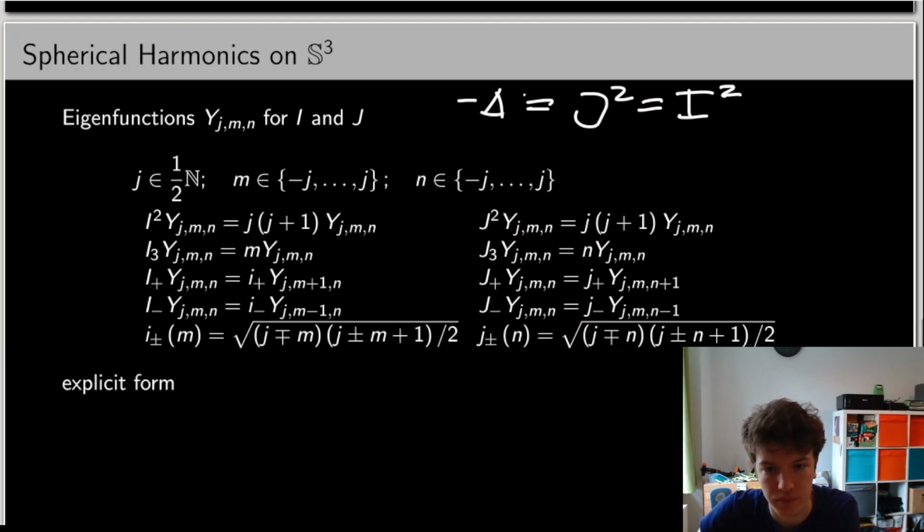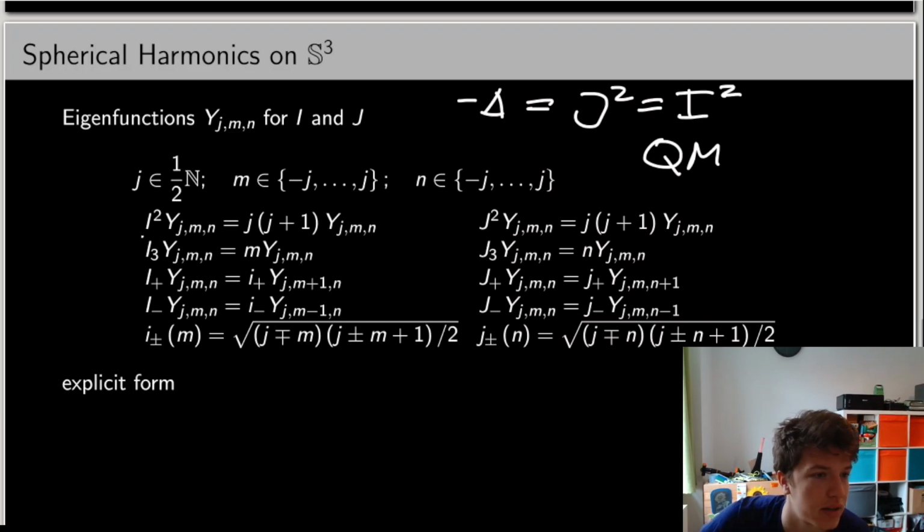And this should remind everyone of a similar calculation in quantum mechanics, where we impose eigenstates of the Casimir operators, which are j squared and I squared, and commute with both the I's and j's, and also the j components and the I components are mutually commuting.